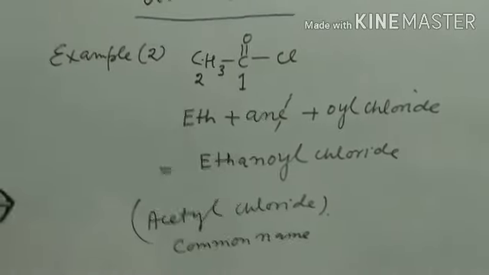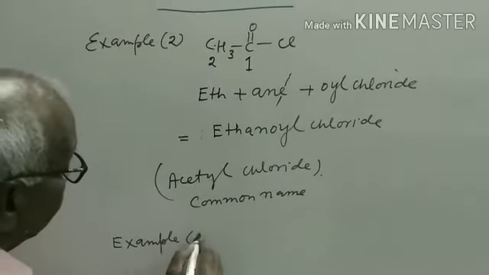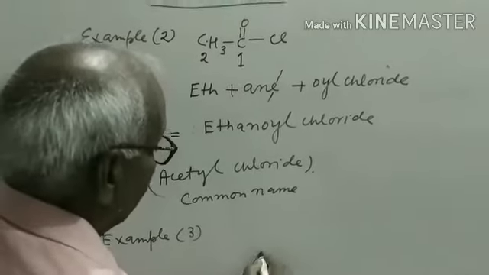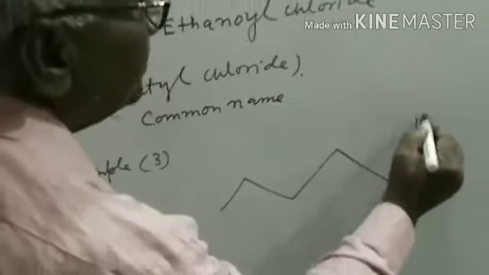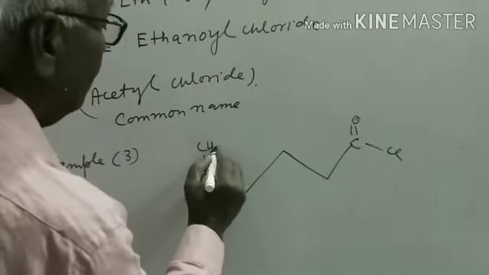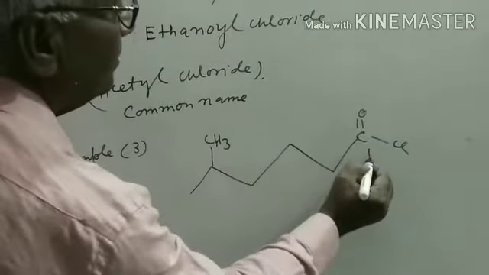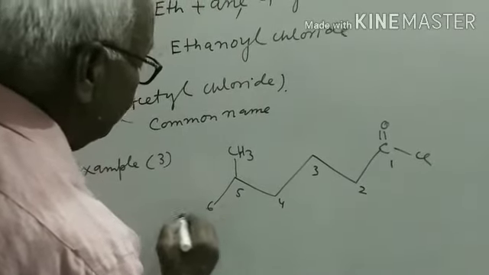Example 3. In bond line projection, this is COCl, this is CH3. So it will be 1, 2, 3, 4, 5 and 6.